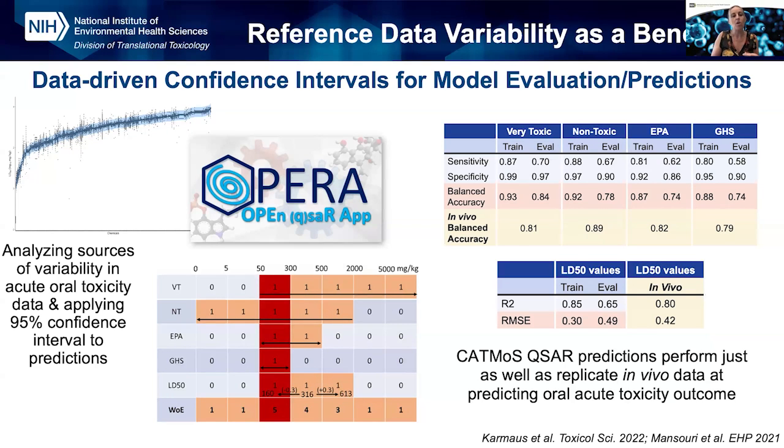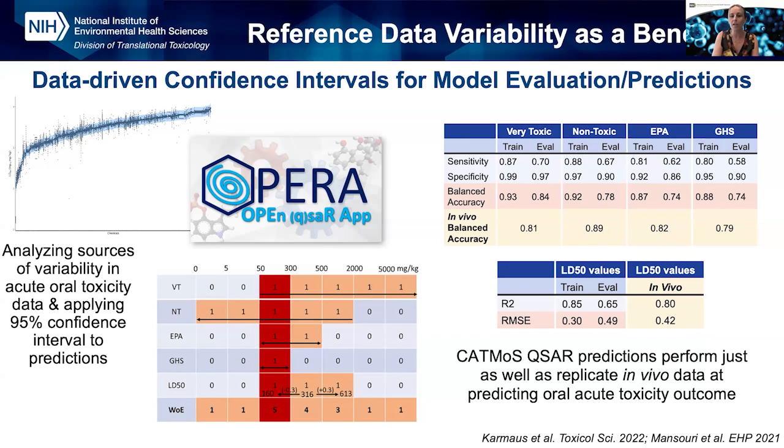At the same time, we noted that we had a subset of compounds, over 1,000 compounds, that had replicate animal studies. And so that allowed us to use a statistical bootstrapping approach to look at the variability in those animal data that were being used as a benchmark for comparison, and derive a 95% confidence interval that not only we could apply to the predictive performance assessment, but that we could also apply to the predictions that came out of the QSAR app.